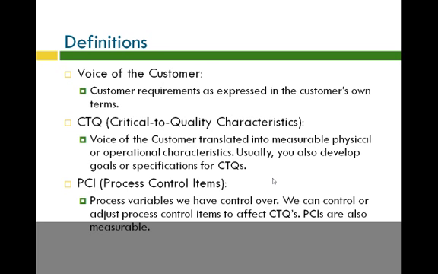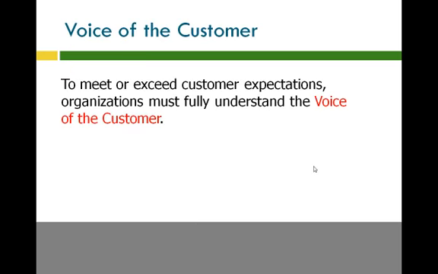We care, for example, as a process engineer, about process control items because they will influence our CTQs. So, to help meet and exceed customer expectations, we must fully understand the voice of the customer.